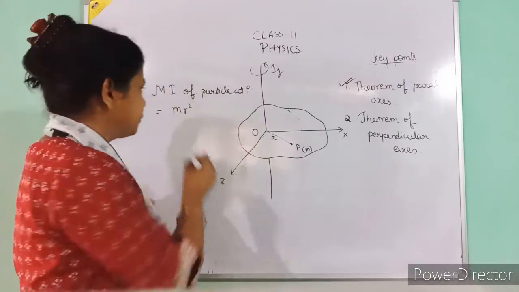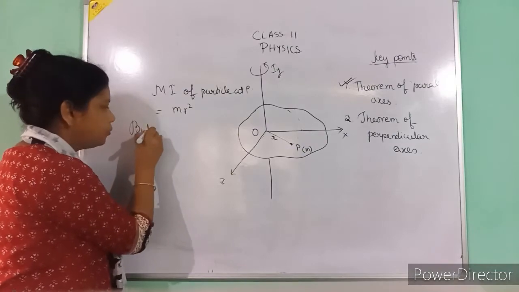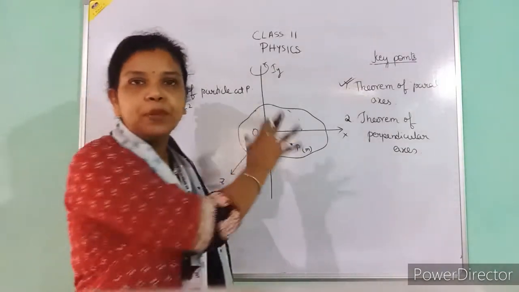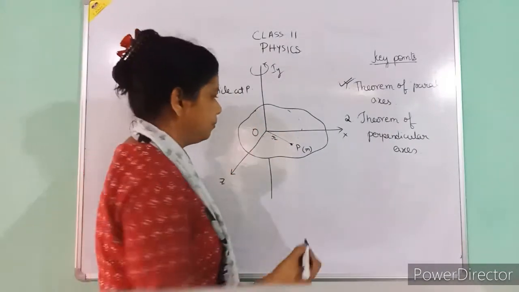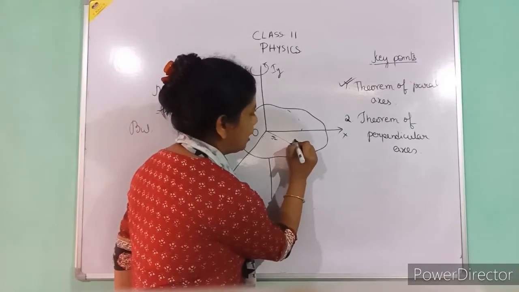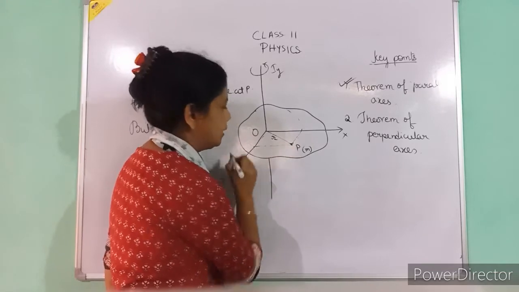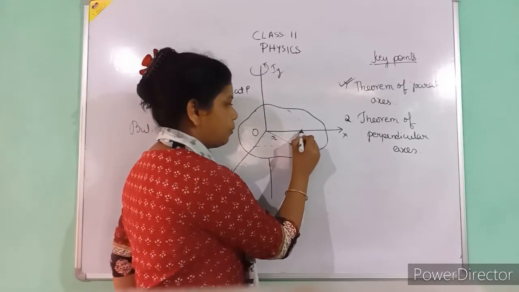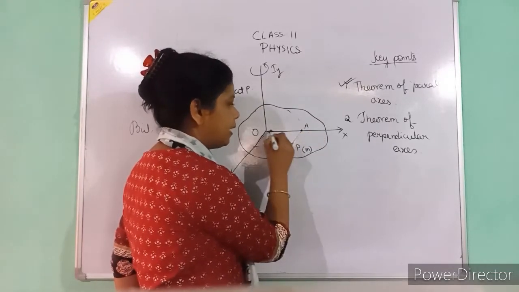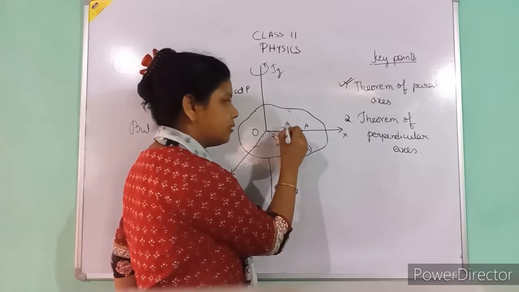Now, if I talk about this particular figure, coordinate system, and if I draw a perpendicular like this, the distance from here to here, if I write it as A, can I write this as X?